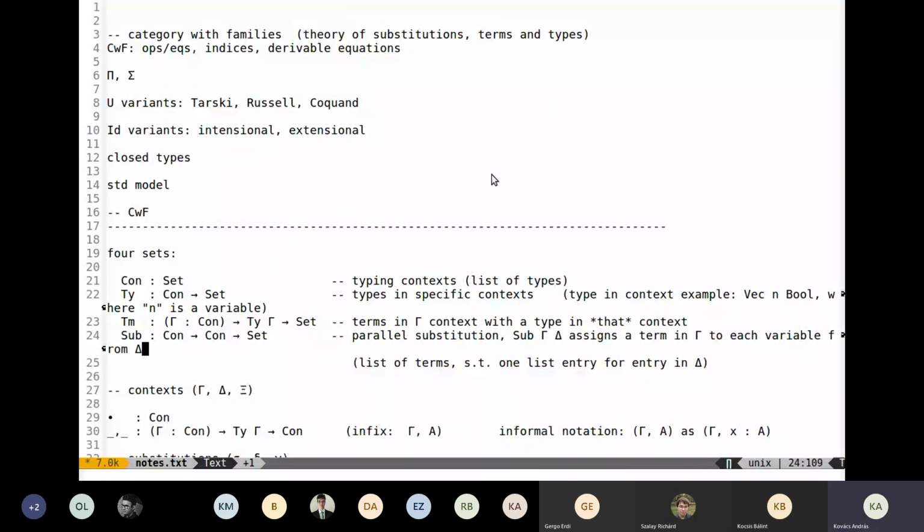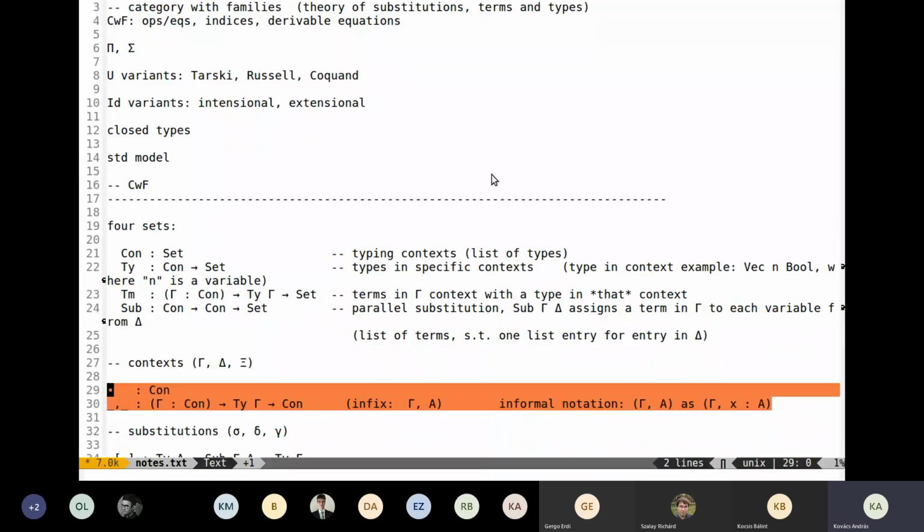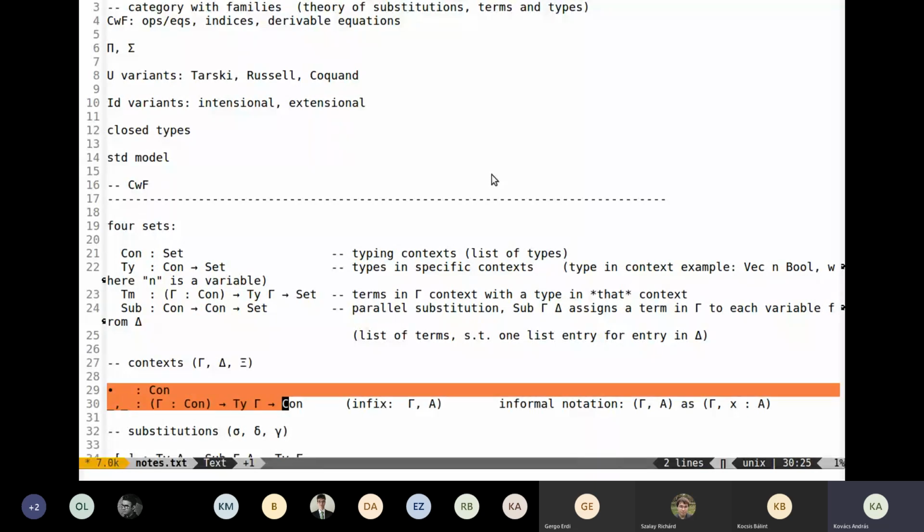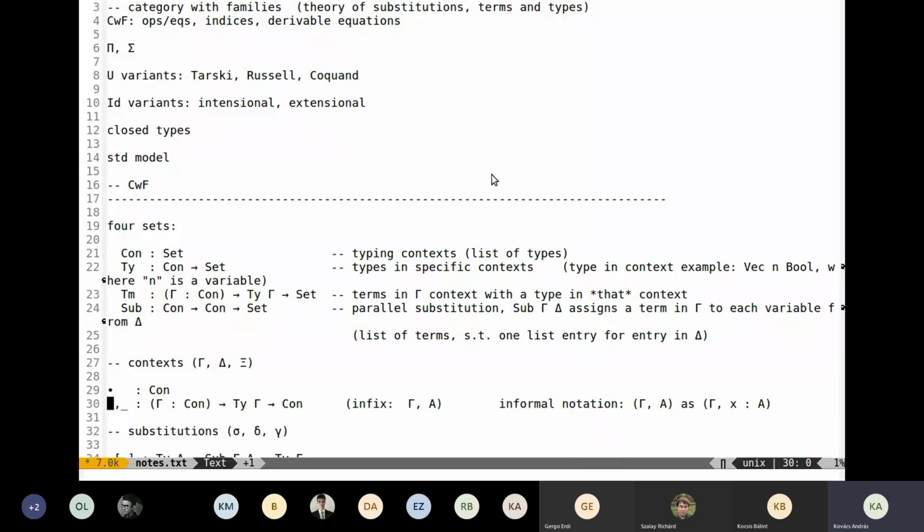So we just assume that there is a freely generated way of making a model of CWF. I say that there is a set of contexts which are the syntactic contexts, and every context is given by the finitely many applications of these two rules. The contexts are inductively generated by empty and extension.